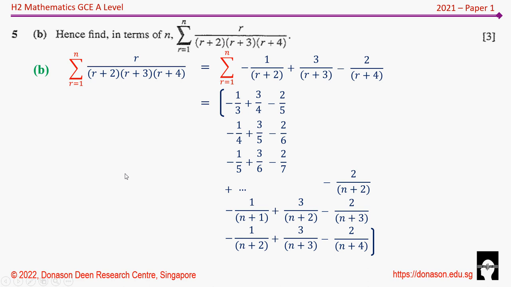Now let's look at whether there is anything that we can simplify. If you look at minus 1 fifth, minus 2 fifth, minus 1 fifth minus 2 fifth is going to give you minus 3 fifth, and minus 3 fifth, if you add a plus 3 fifth, is going to become 0.